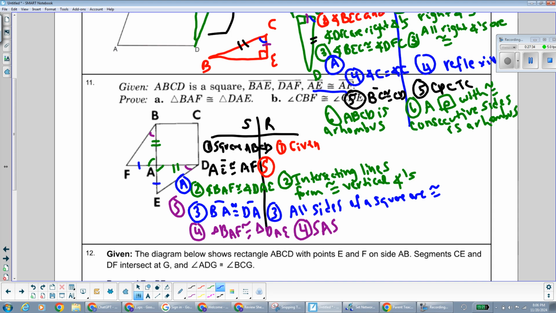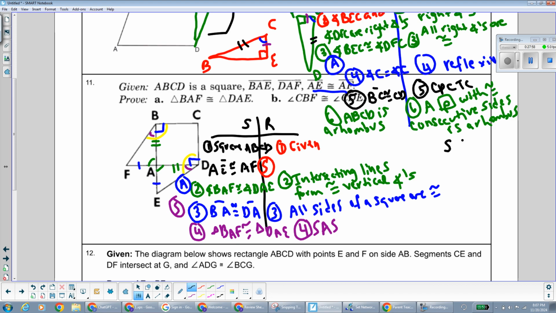They're all right angles, right? Because it's like a rectangle. So we're starting with congruent. There's another congruent piece. If we start with congruent and add congruent, we get congruent sums.